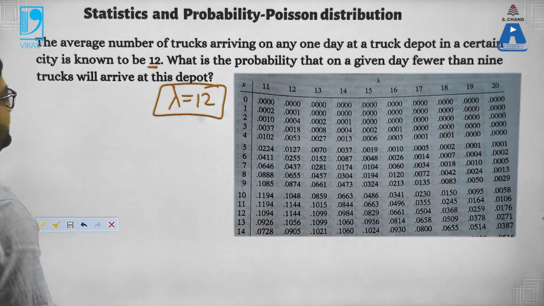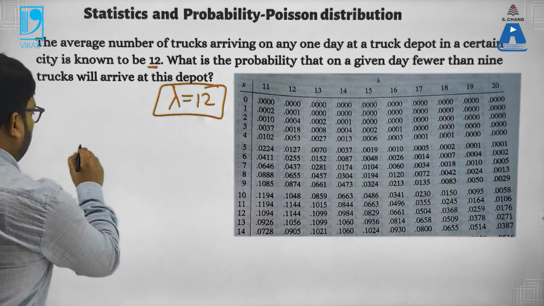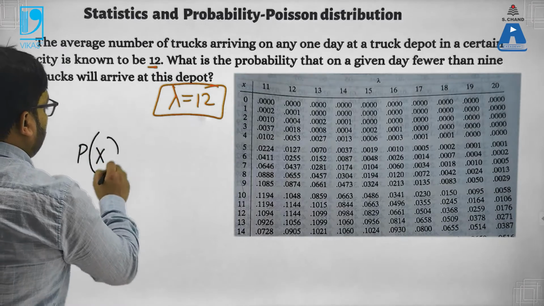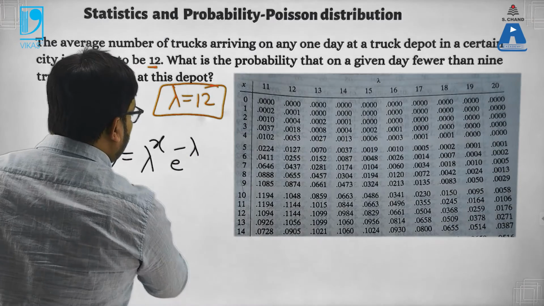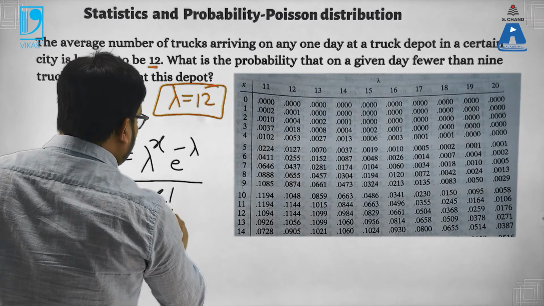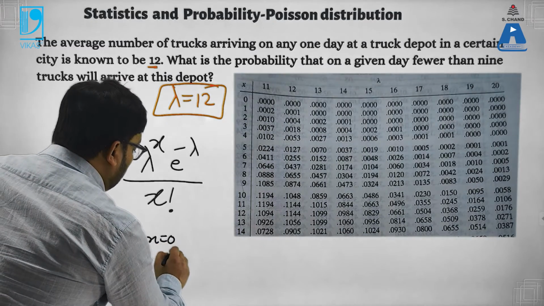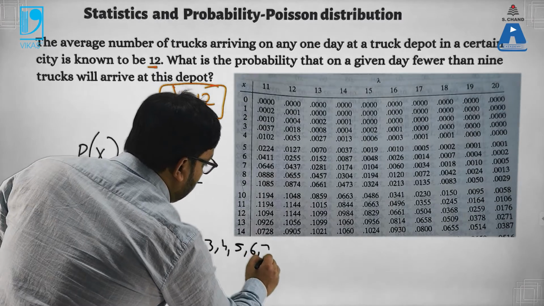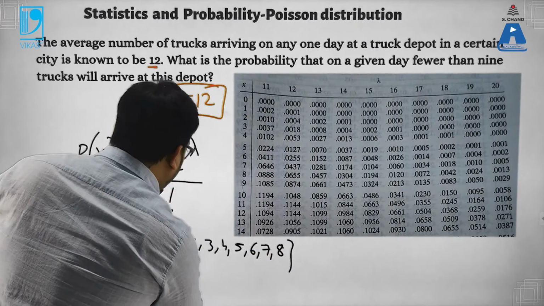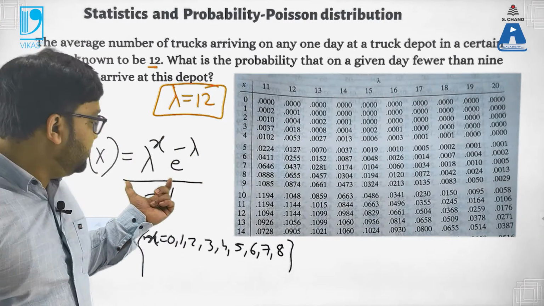So one way to approach, of course, the probability for x we know is lambda to the power x e to the power negative lambda upon x factorial. So you plug the values for x is equal to 0, 1, 2, 3, 4, 5, 6, 7 and 8. For all these values you can plug it in the formula here.